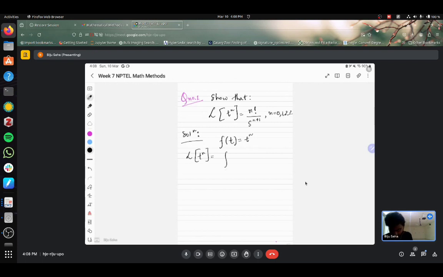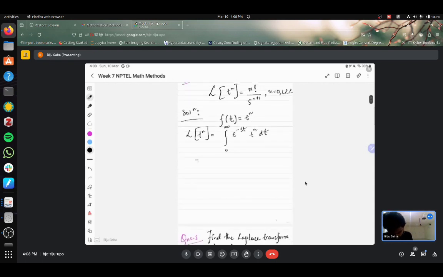So what you have to do is carry out this integration. The integration is from 0 to infinity of your function times e to the power minus st. To solve this, first of all you make this substitution.